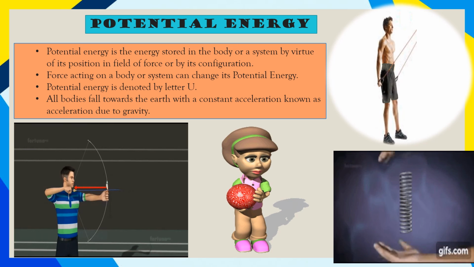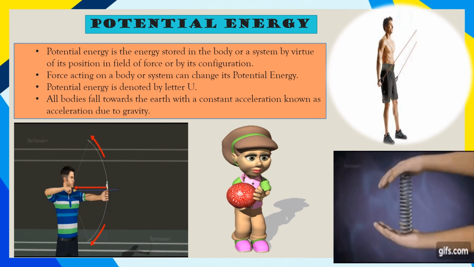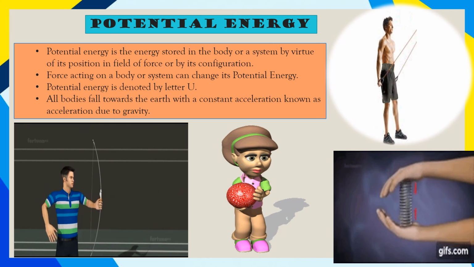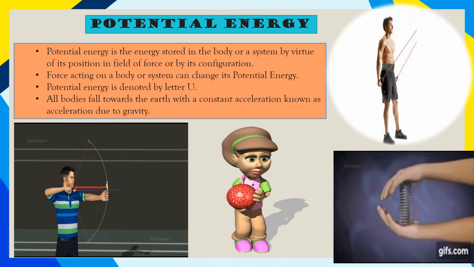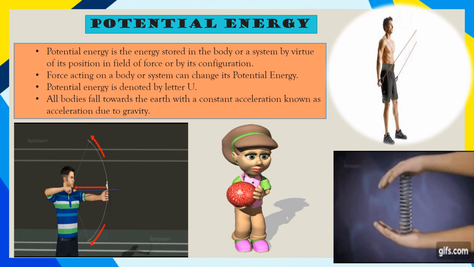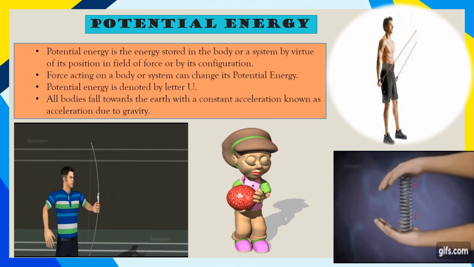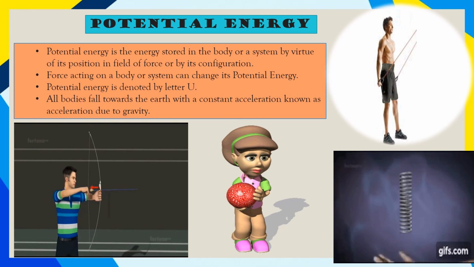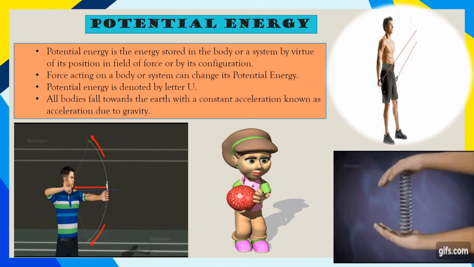So potential energy is the energy which is stored in the body or a system by virtue of its position in a field of force or by its configuration. Potential energy is denoted by the letter U. Force acting on a body or system can change its potential energy. All bodies fall towards the earth with a constant acceleration known as acceleration due to gravity.